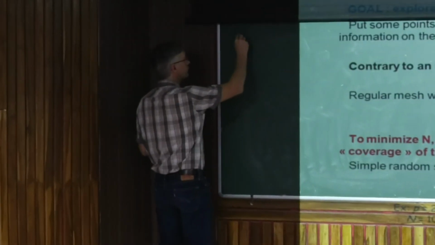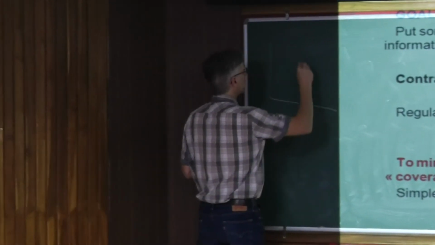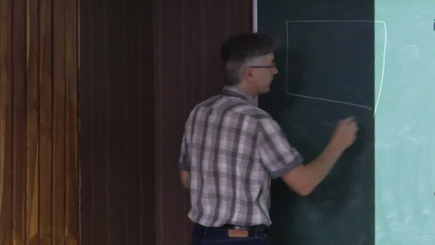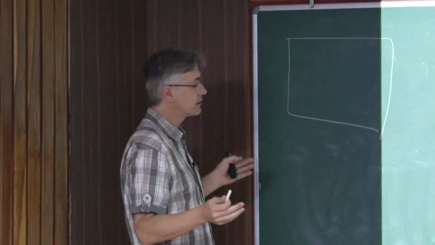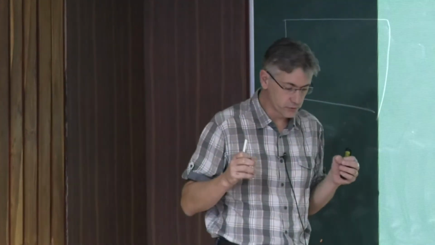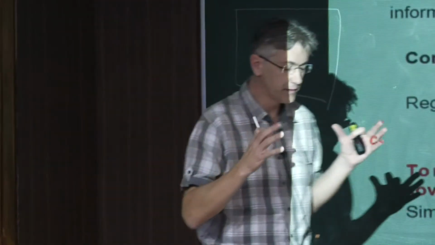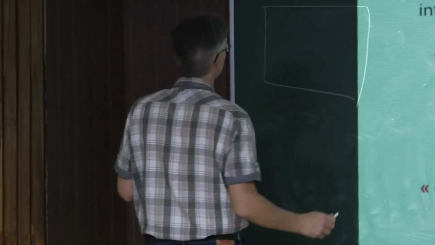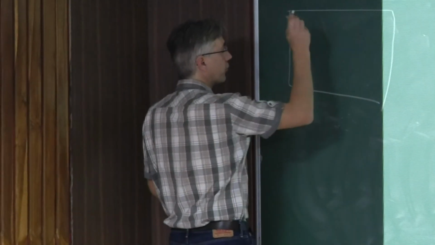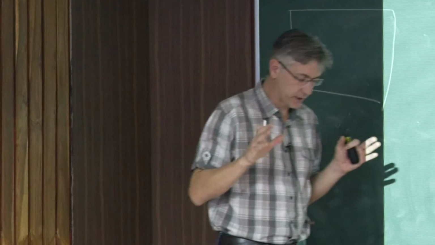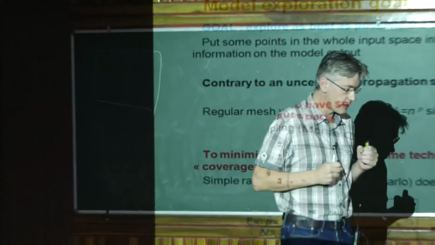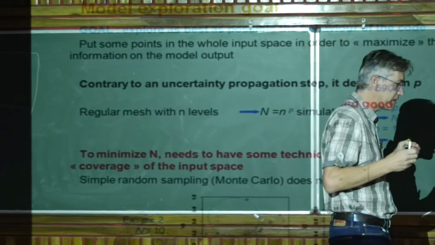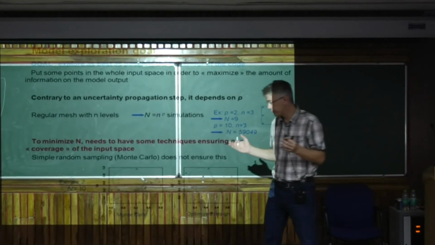I propose you draw a square, and imagine that you have to put 3 points in that square, and you want to maximize the information that can be brought by these 3 points.